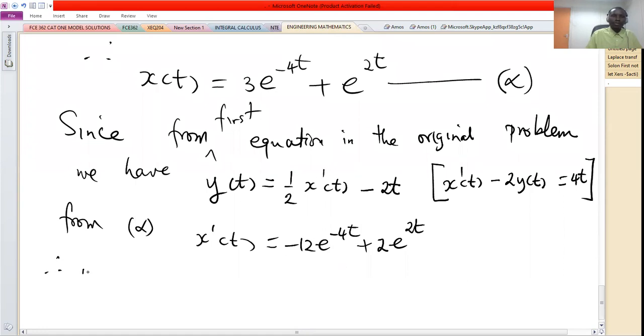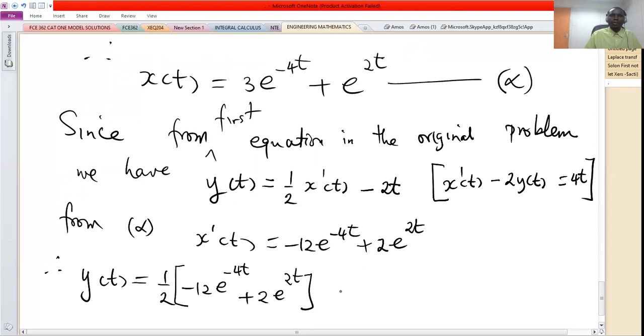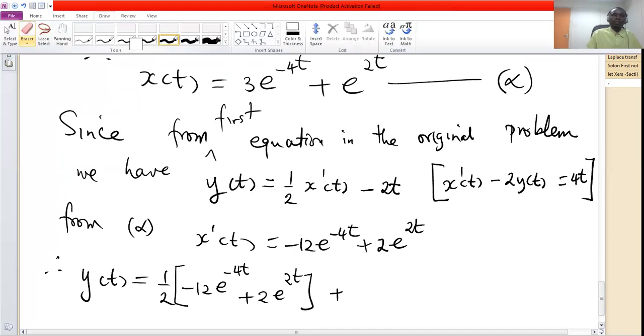So therefore, y of t will be a half into minus 12 e raised to the power minus 4t plus 2 e raised to the power 2t, plus, not plus, minus this one here, 2t. So minus 2t.